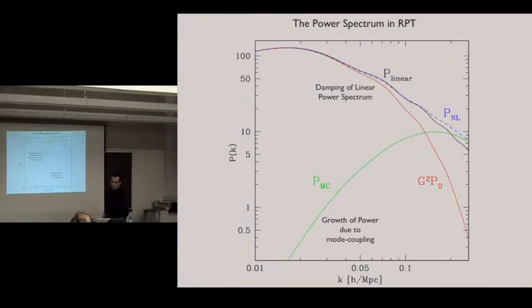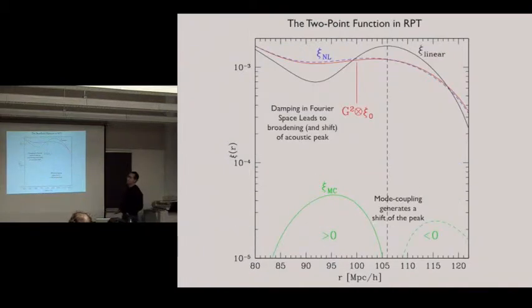So if you now Fourier transform and look in the correlation function, the linear correlation function has this broad peak at the acoustic scale. So this is the sound horizon at recombination, about 100 megaparsecs. And this is essentially coming from the same acoustic peaks you see in the CMB. It's the same physics. Only that in Fourier space, it's a series of peaks. When you Fourier transform, it's just a single peak in the correlation function.